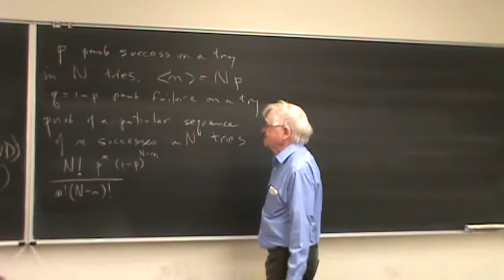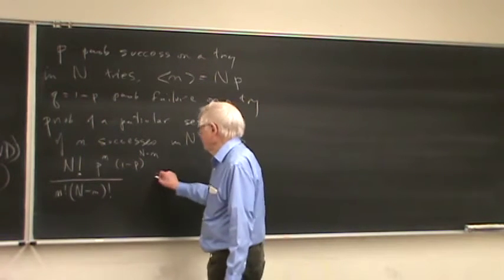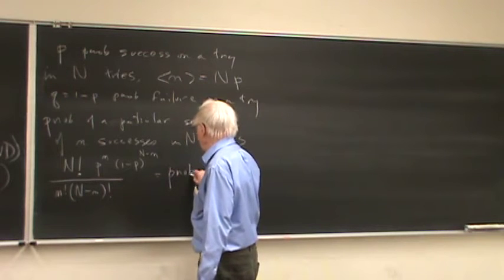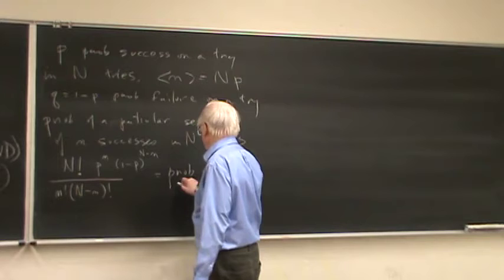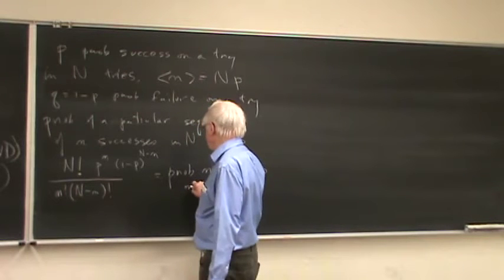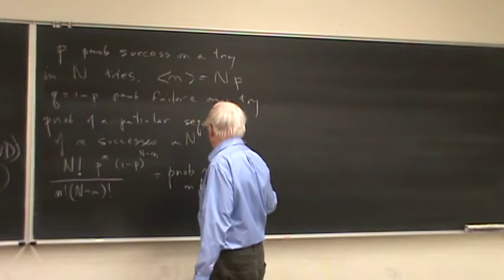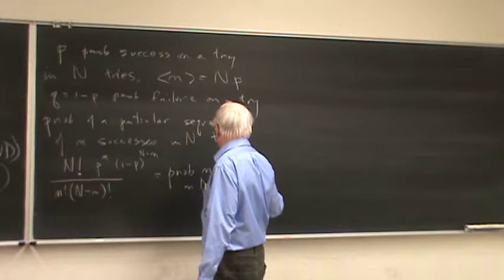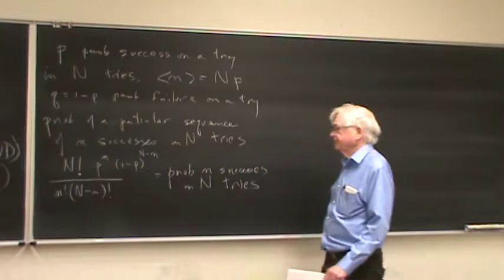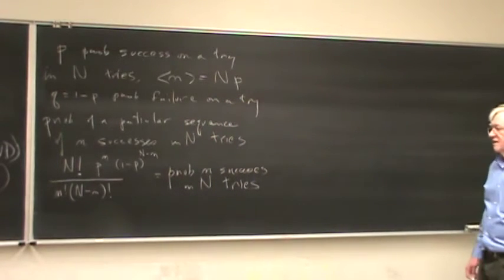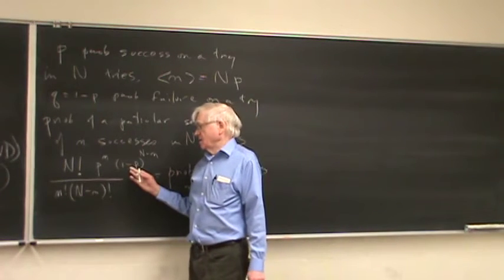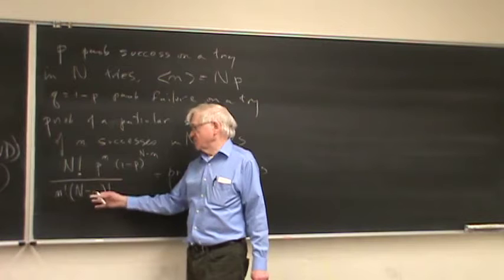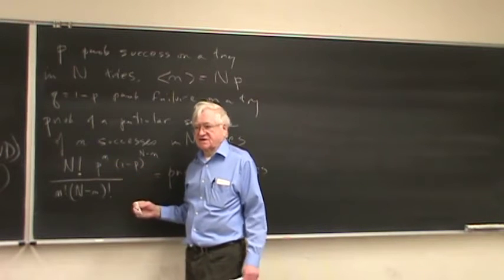So that is the probability of n successes in big N tries. It's the probability of a particular sequence times the number of sequences that have that number of successes.